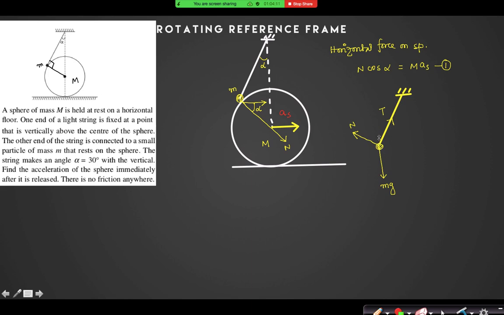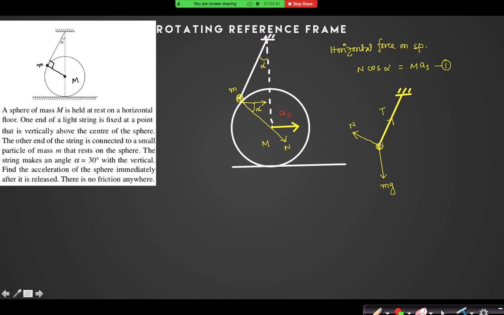But what will be the value of radial acceleration in this case? Is there any radial acceleration at that instant? No, it is 0. What is the reason behind that?